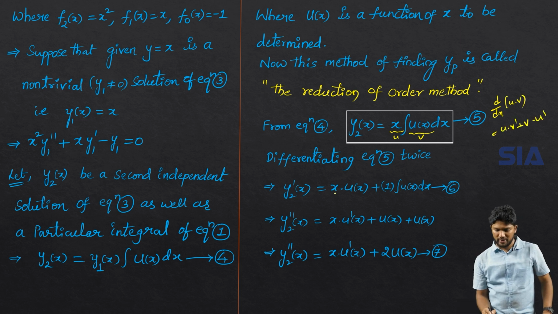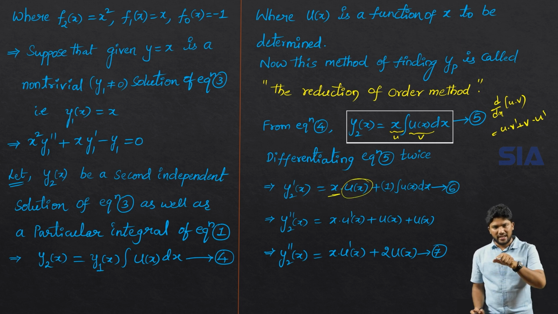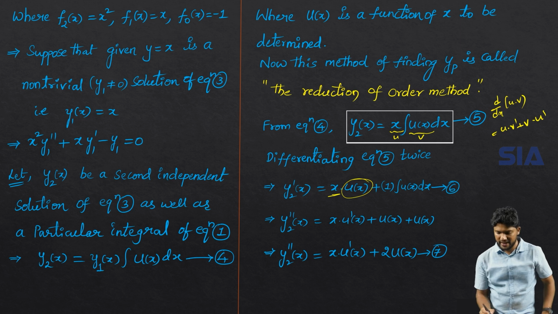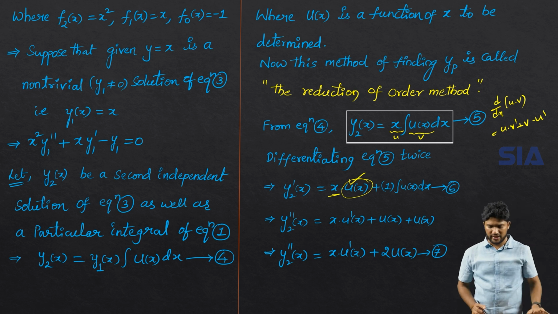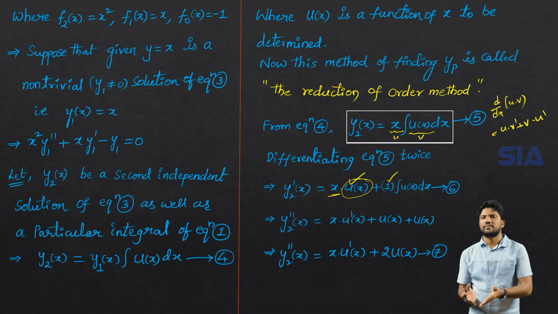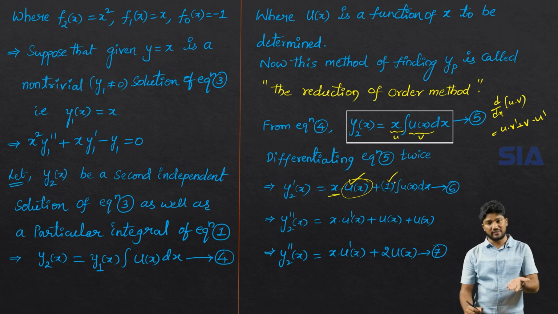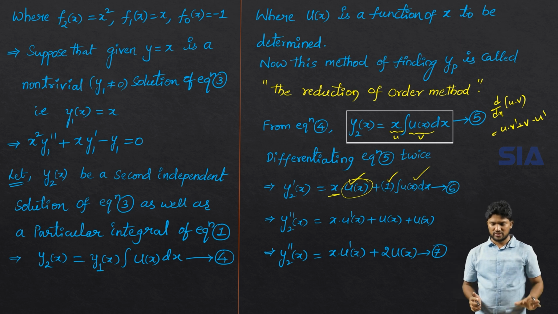For u into v dash, integration is already there, so if you apply the differentiation, it will get cancelled and you will get only u of x. You know very well that integration and differentiation are opposite. Plus u dash into v, where u dash is the derivative of x with respect to x, which is 1, and v as it is, integration u of x dx. That is taken as equation number 6, the first differentiation.